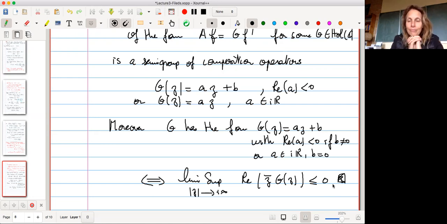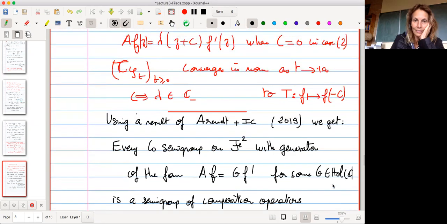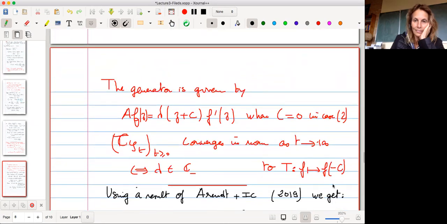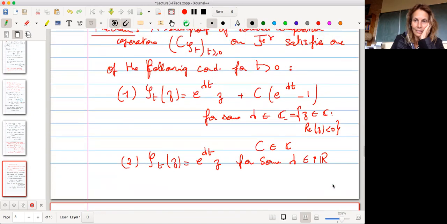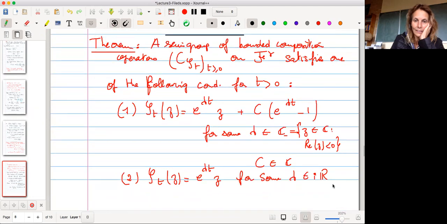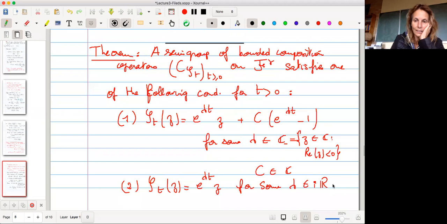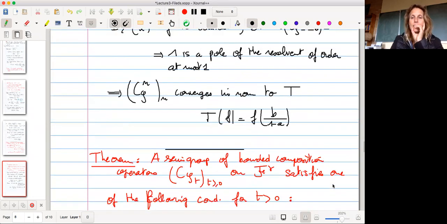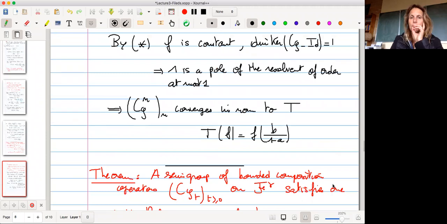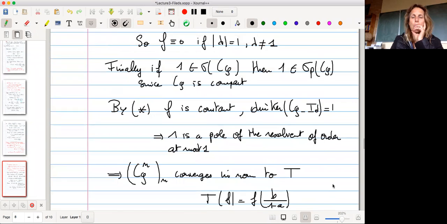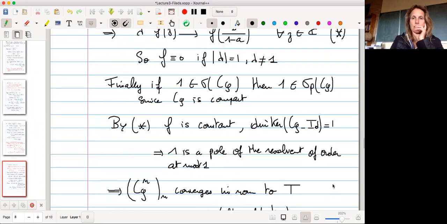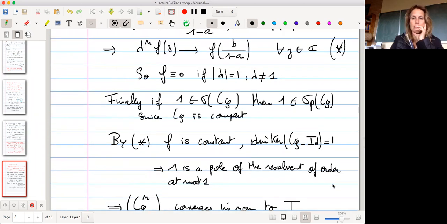Indeed, I have just a question. In the previous slide, you emphasized that lambda should not be 1, and I couldn't see why.